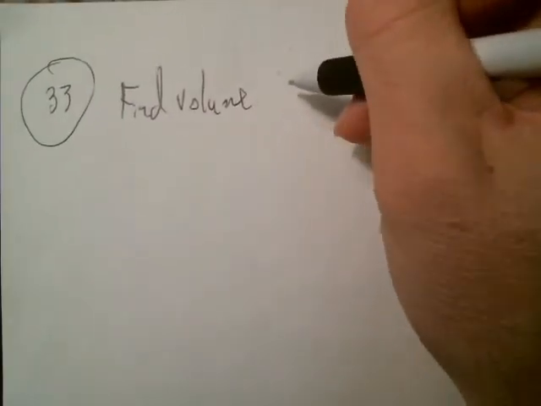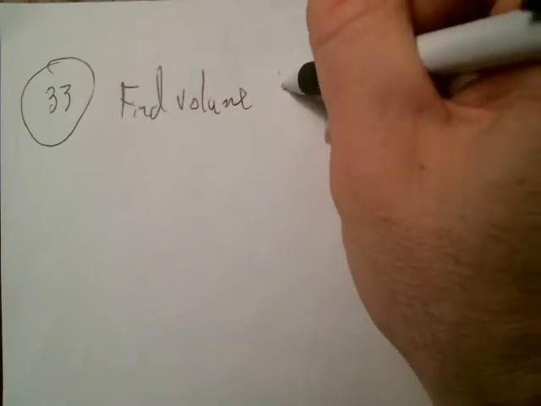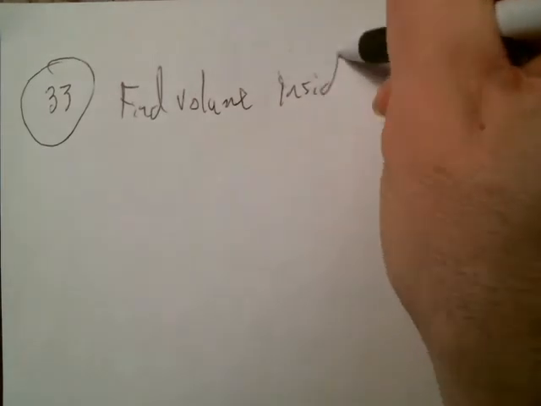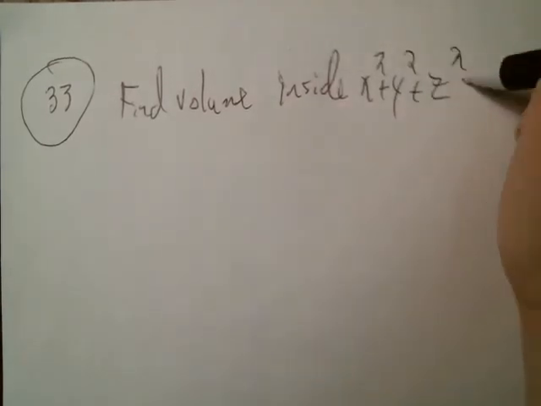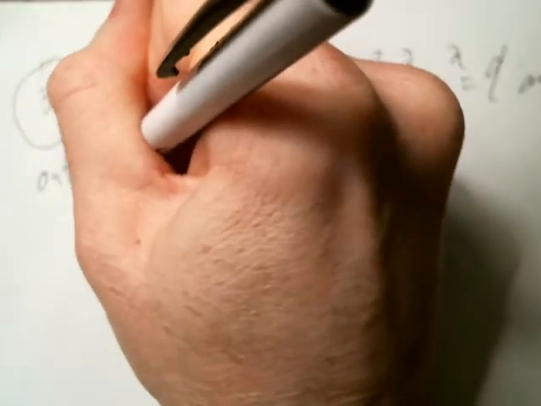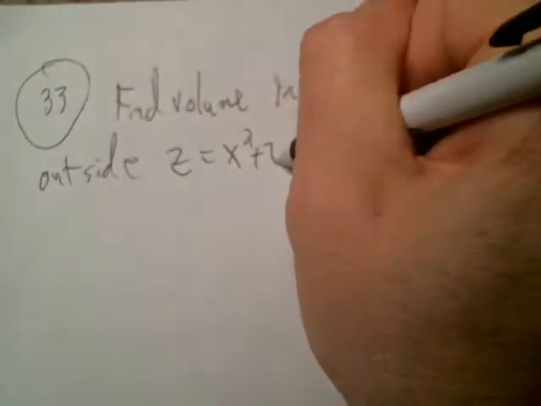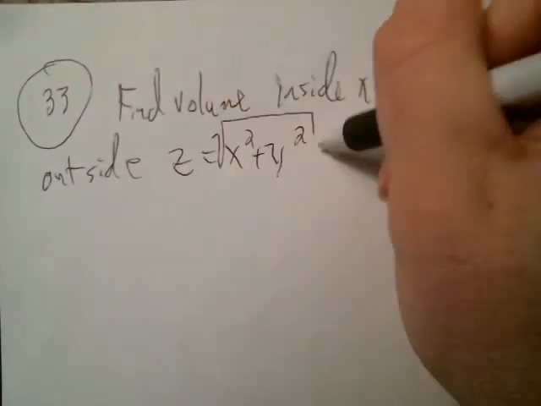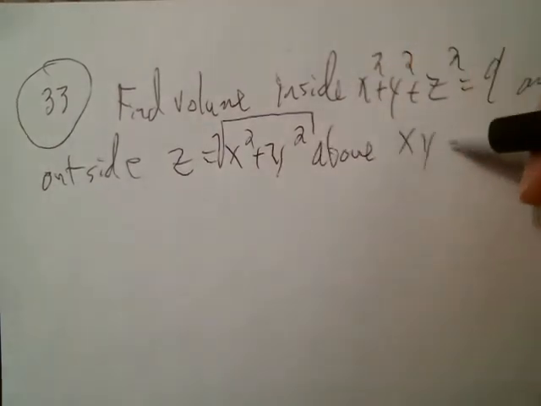The geometry almost tells you the kind of u sub that you need to pull off. So find the volume inside x squared plus y squared plus z squared equals 9, and outside z equals the square root of x squared plus y squared, that's the cone, and then above the xy plane.